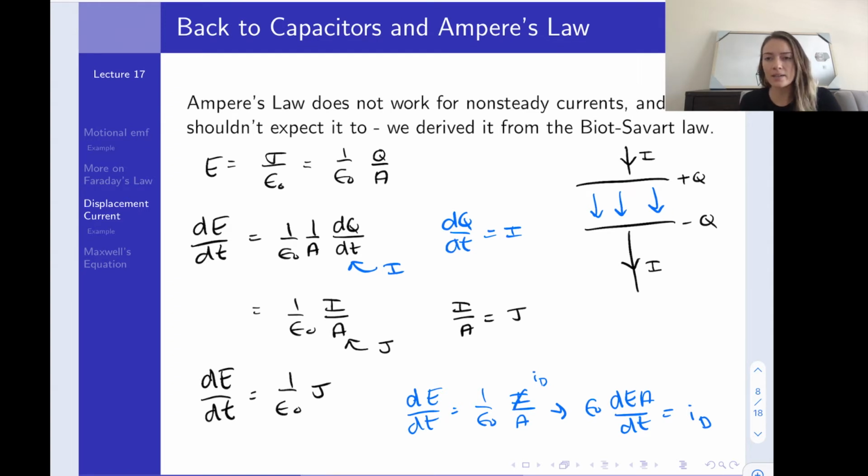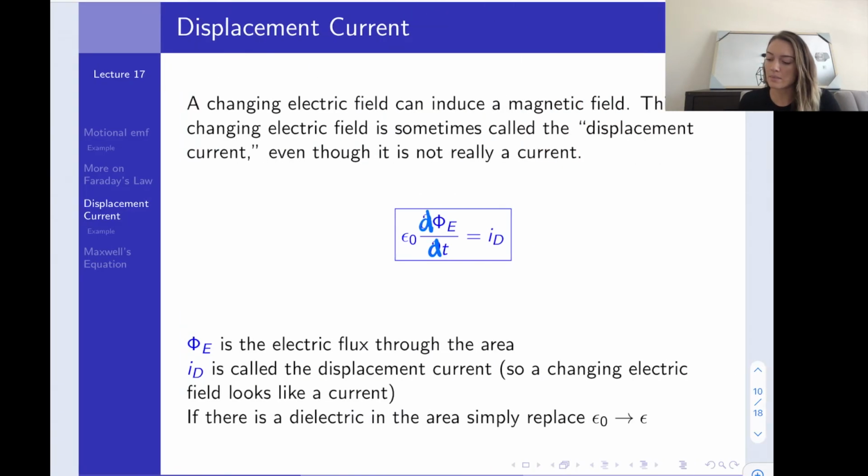So it's not a current in the sense that there are charges flowing. But it does create a real magnetic field that you can test and predict the value of according to this equation. So the current part is fictitious, the physical effects are not.